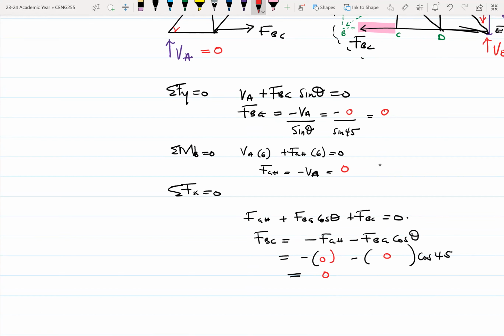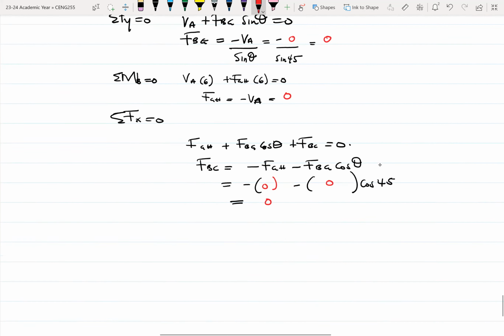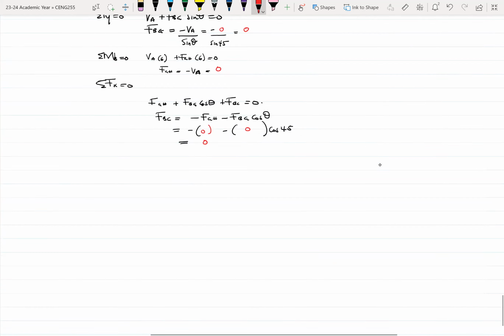So we can see that when the load moves to E, all the forces in the members are 0. You can take all of this and draw a nice table just to explain what is happening.